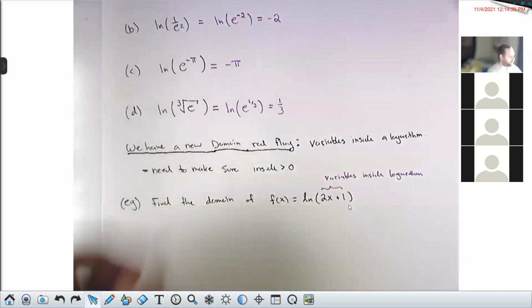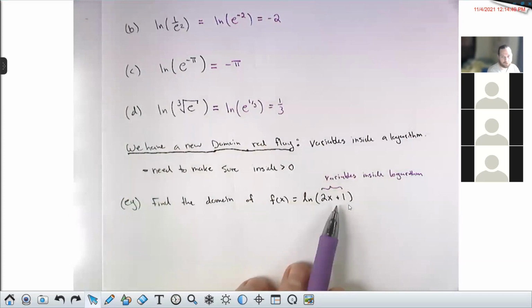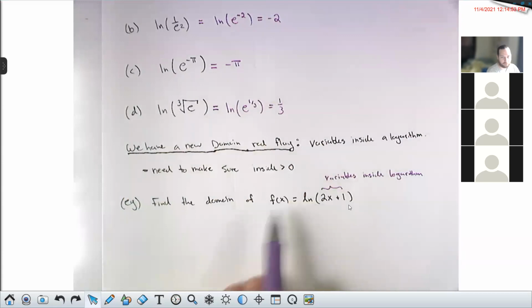So what we need to do is make sure that the inside is strictly greater than 0. That will give you your domain. Remember, you cannot take the natural log or any log of a negative number. If the inside here, 2x plus 1, were negative or even 0, then this whole thing is going to be undefined.